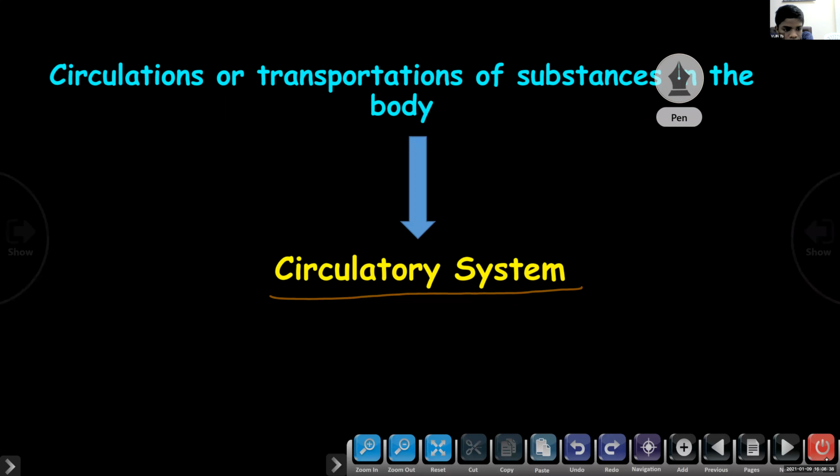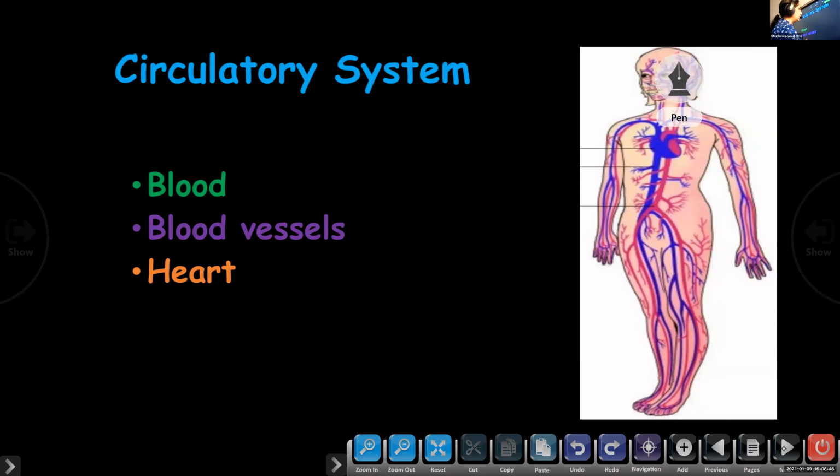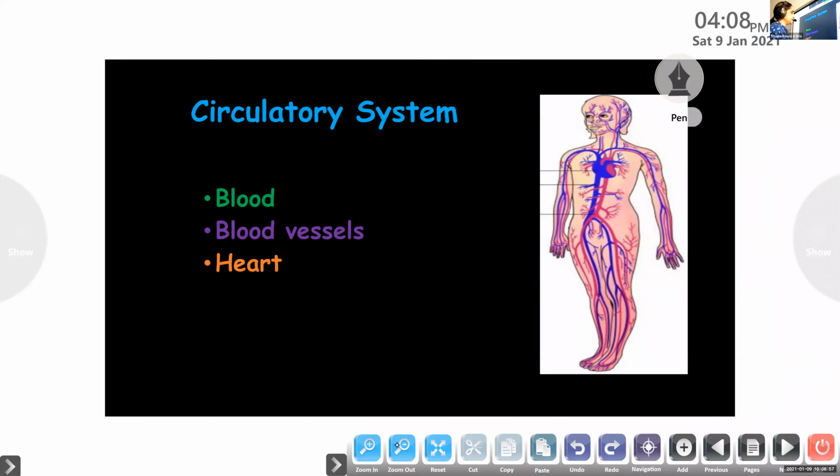So in this chapter, we will be learning more about the circulatory system. In the previous chapter, which system did we learn? Respiratory system. In this chapter, we will learn about the circulatory system.